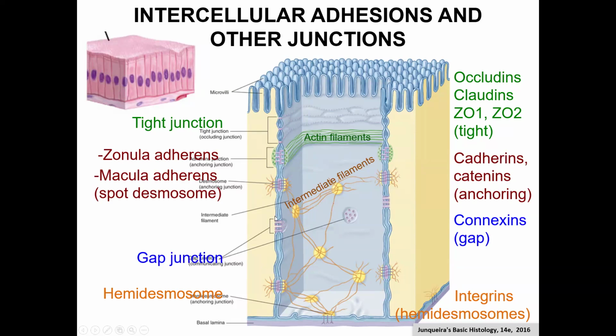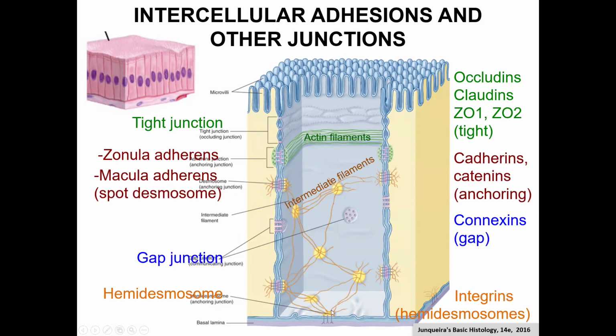Then there are the gap junctions. The gap junctions attach the membranes of neighboring cells, but form structures, the connexons, that allow the passage of components from the cytoplasm of one cell to the cytoplasm of the other cell. The connexins are the main components of these gap junctions.